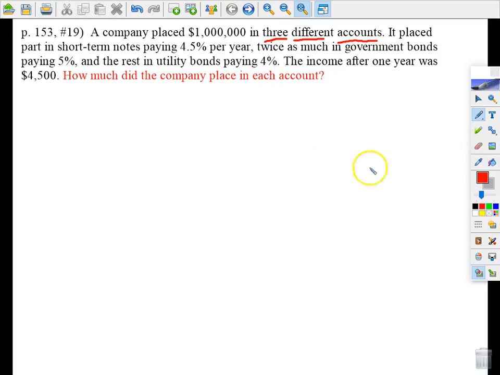It really doesn't matter what you pick. I'm going to pick X as the short-term notes. Y will be government bonds, which I'll abbreviate as GB.